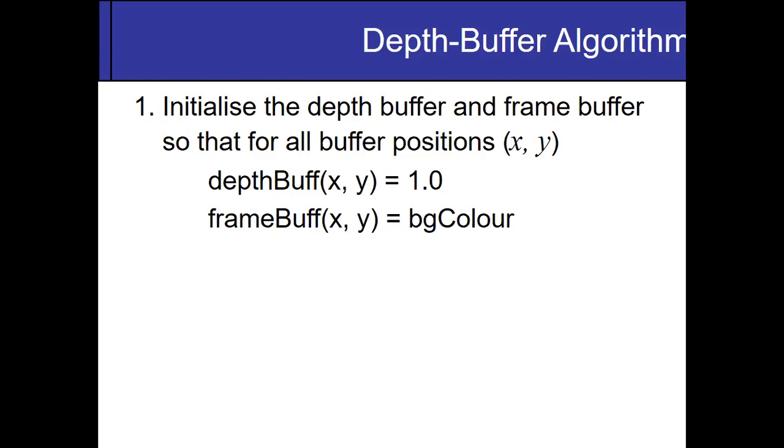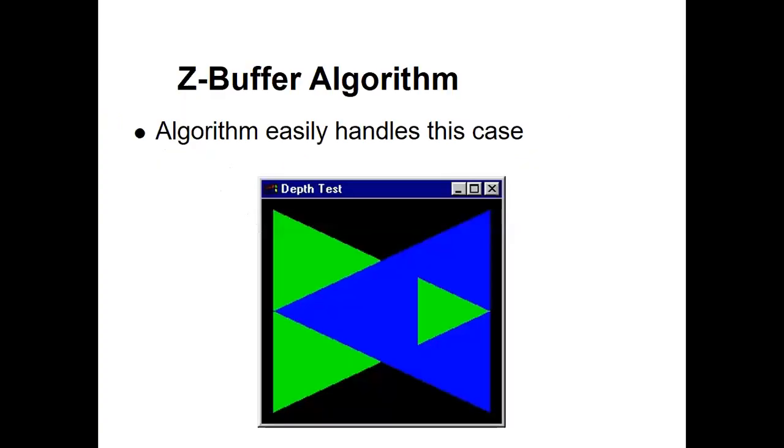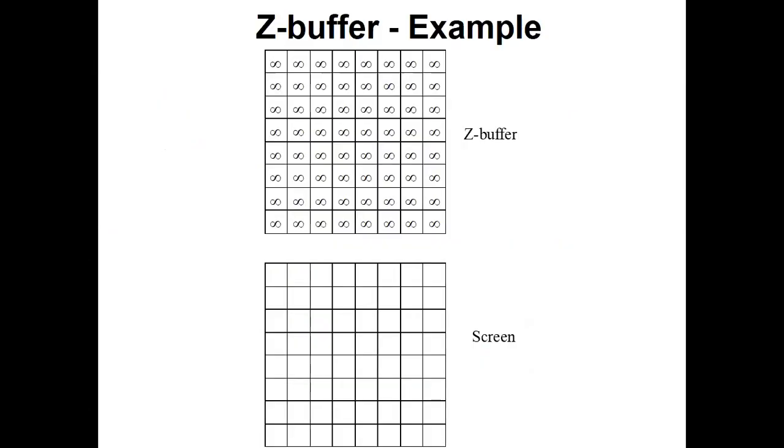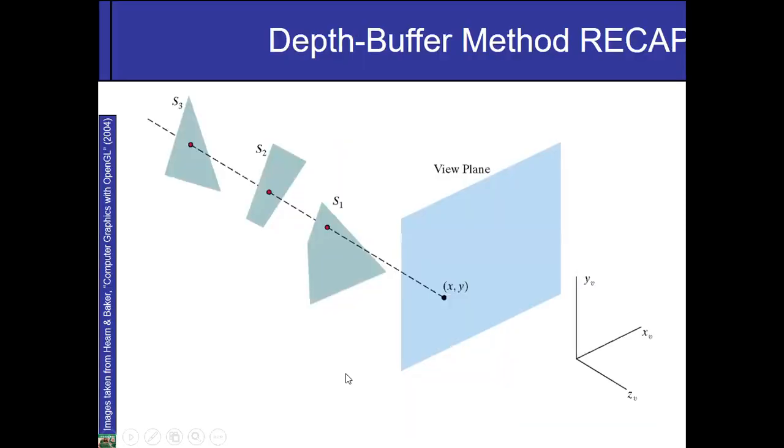Fill all the pixels, background color as green. Right. So we have initialized. Basically, I am talking about this phase. So initially, all the pixels of the Z buffer are the highest value, infinity in our case. In his case, it is 1. It is empty, or background color in his case.